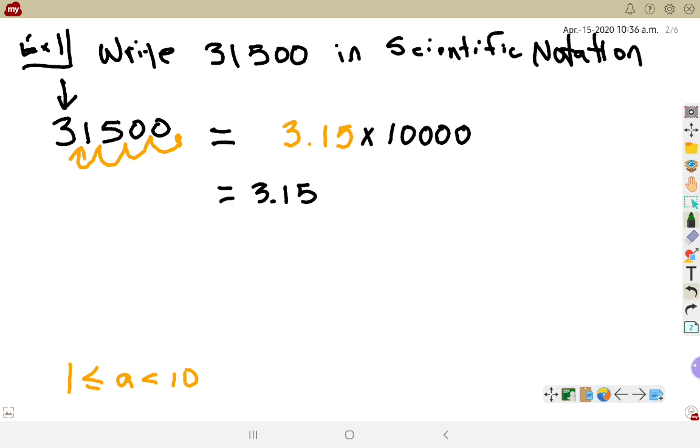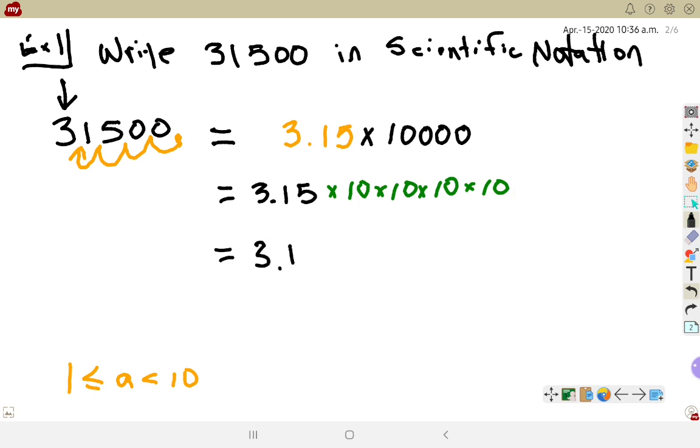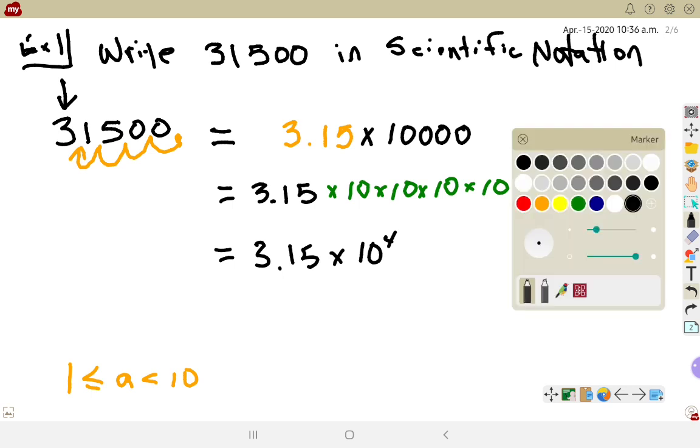I'm going to do it in factors of 10, because we said that our other number should be a 10 with some integer exponent. So instead of writing 10,000, I'm going to break that into 10 times 10 times 10 times 10. And another way of writing 10 times 10 times 10 times 10 is to write it as 10 with an exponent of 4. So 3.15 times 10 to an exponent of 4 is the same representation of 31,500, but it's just given in scientific notation.